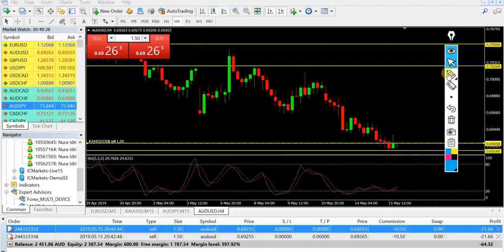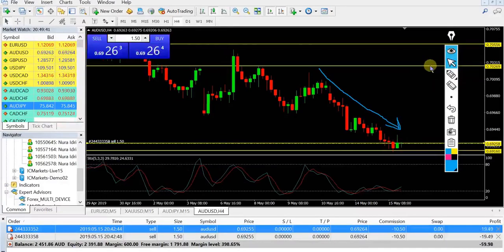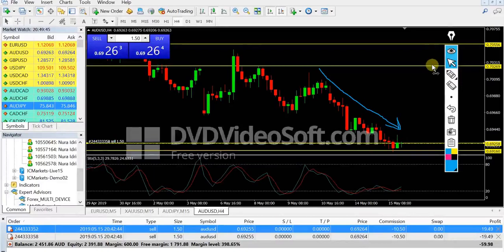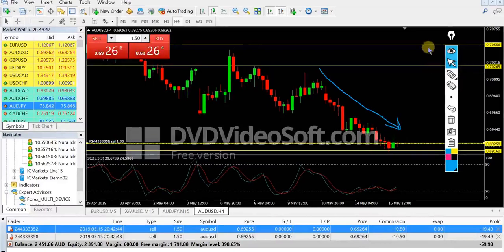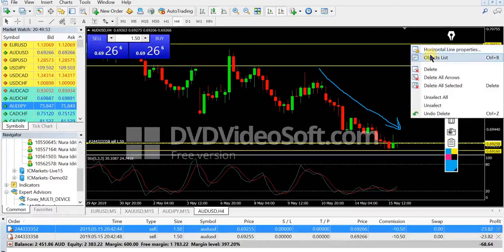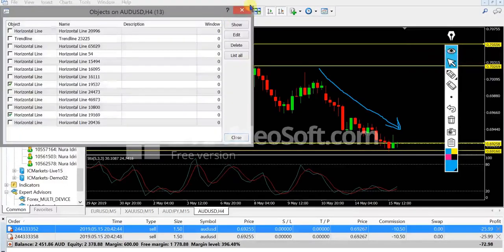Why I sell this pair is because, look at here, it's a downtrend market. That is why I take advantage of selling. I always look at the direction of the market. If the trend is downtrend, then I will just take advantage of selling.